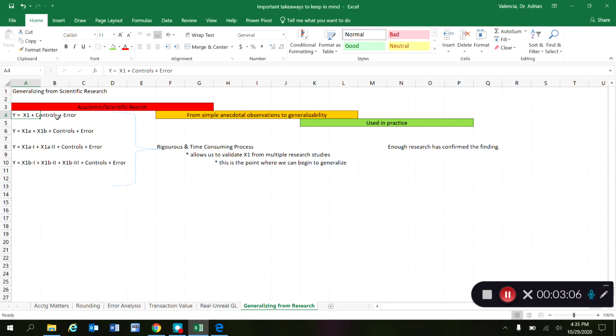Now, in this model, and don't worry about all these little items, but just so we have a more fully disclosed conversation, you have controls. These are things that you know affect audit quality from the past. You have to include them in the model because previous research has indicated that these items affect audit quality.